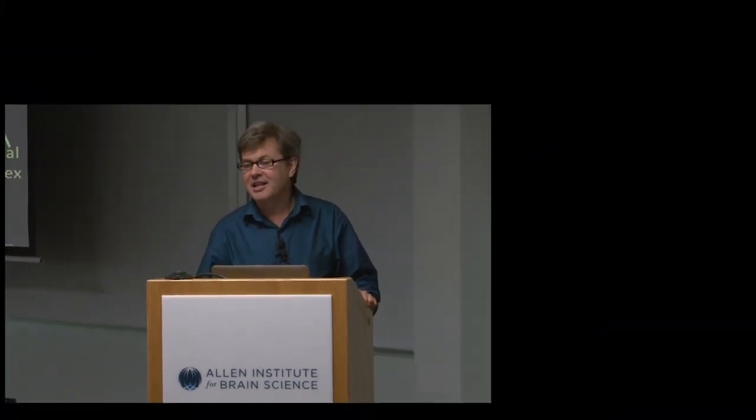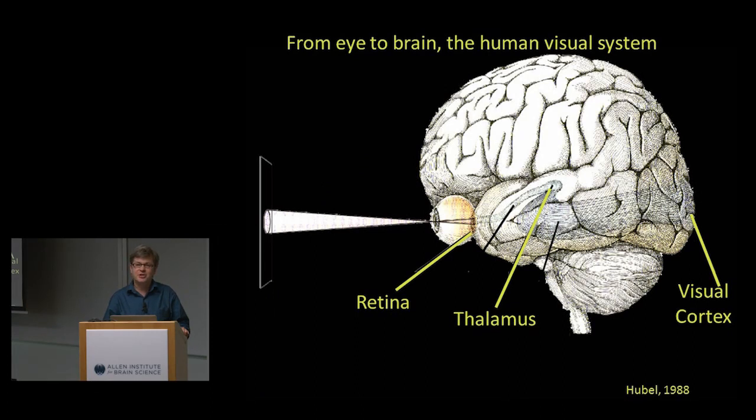So let me go back to the beginning. This is probably the first or second slide that I showed at the very beginning of this lecture series in the lecture entitled The Visual System.